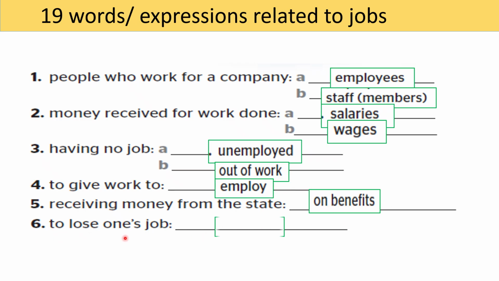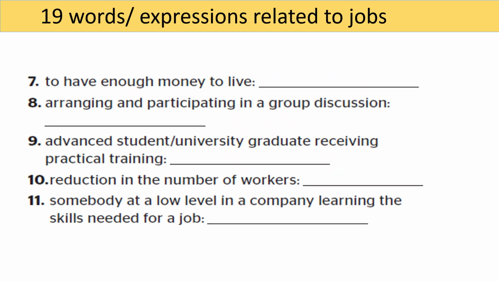Next, to lose one's job is to get fired. So you can say the company fired him because of certain reasons. The next expression is to make ends meet, which means to have enough money to live.